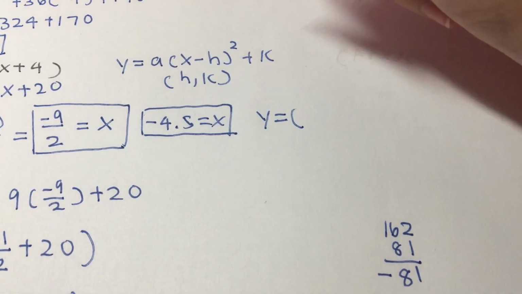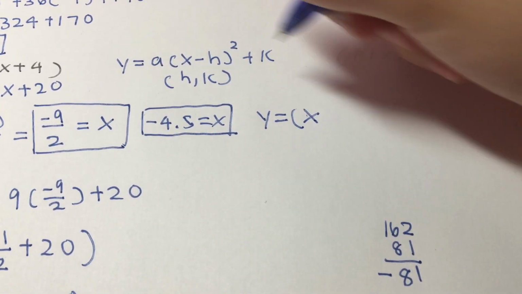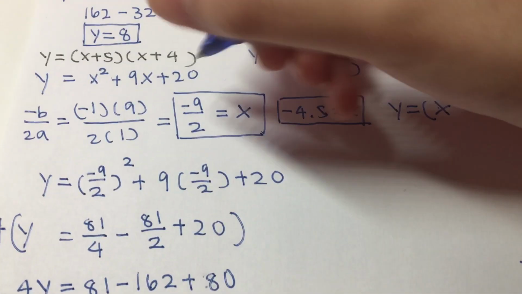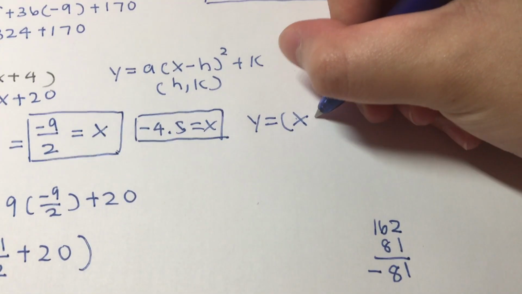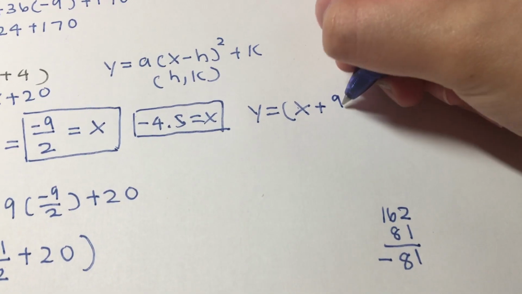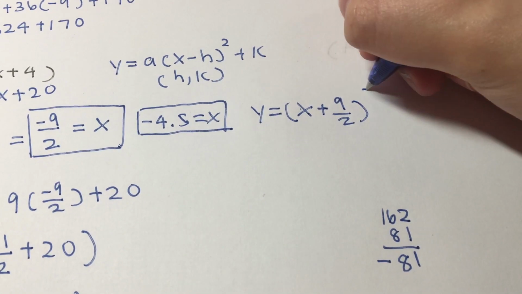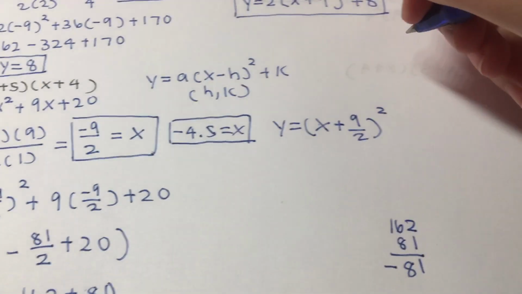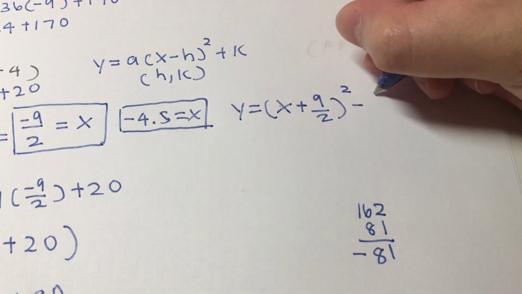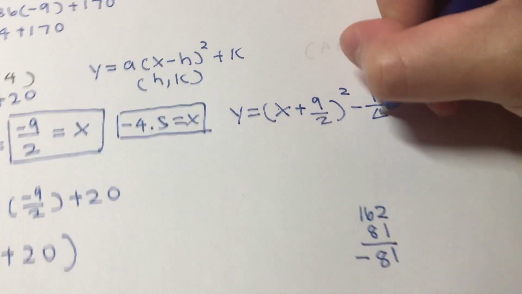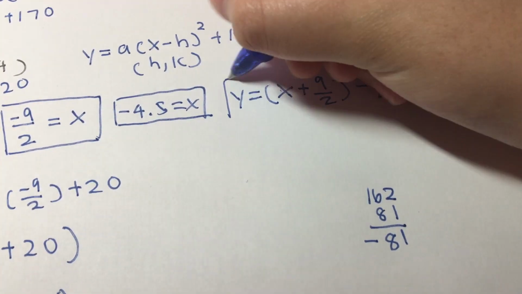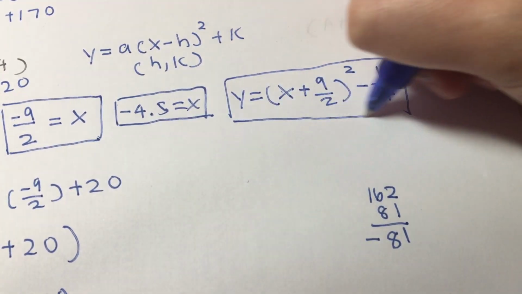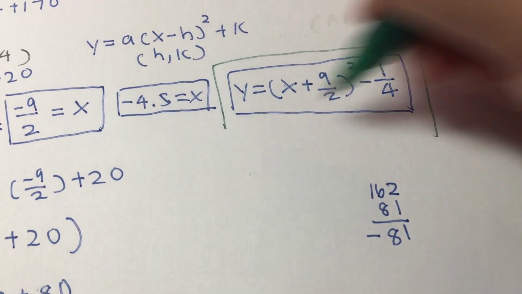And then (x minus h), x plus 9 over 2, squared, and then minus negative 1 over 4. And this is our answer. So this is our final answer.